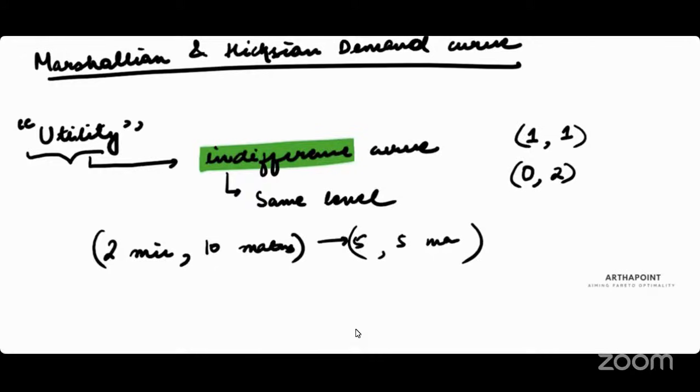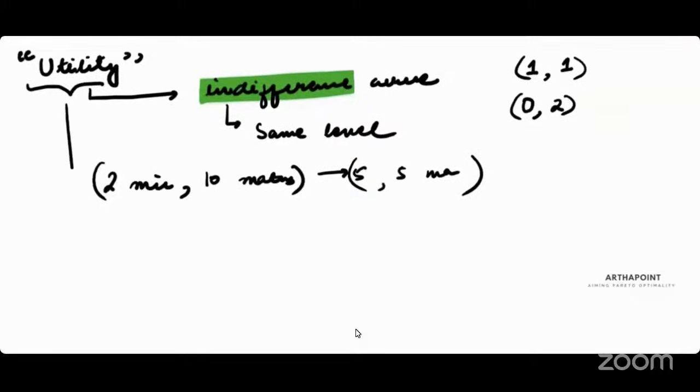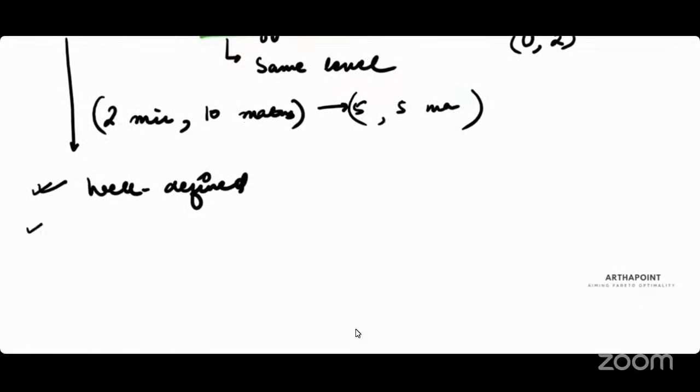There can be various types of indifference curves. For example, you can have an indifference curve which can be well-defined preferences. You can have indifference curves which are perfect substitutes.